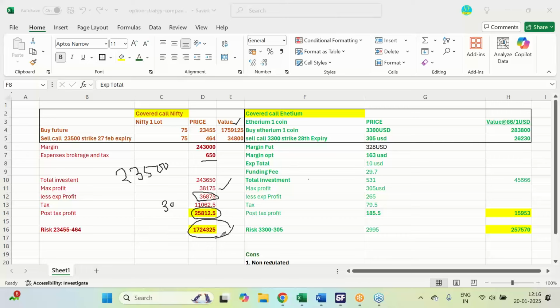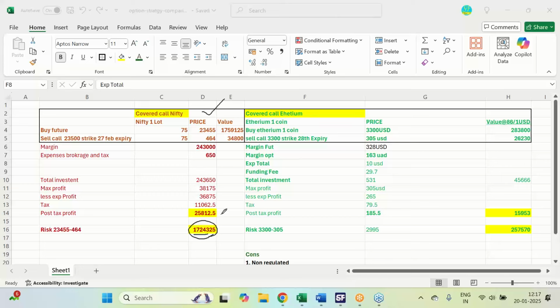If Nifty, after I initiate, falls to 20,000, what will happen? I got 464, but the other thing is my loss. So my actual risk is 17 lakh 24,325. You can manage risk further, that is up to you, but this is the actual risk for this particular strategy.